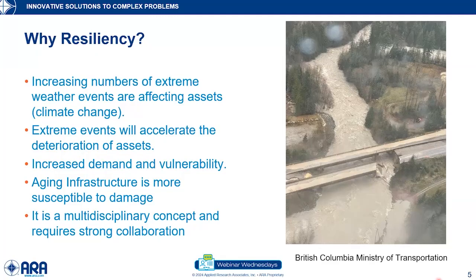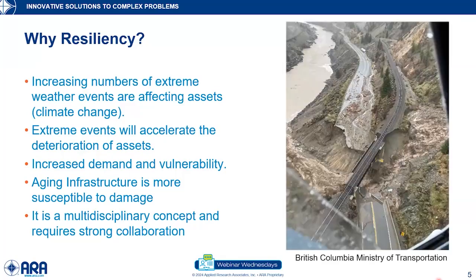Maybe the events themselves may still be the same, but given the size of the networks and the number of assets that we're trying to manage throughout the US and other countries. For example, the picture here is from Canada, and it's showing some kind of failures from a flood event. That increased demand and the increased number of assets is raising the question of how do we keep the network operating given all these disruptive events.